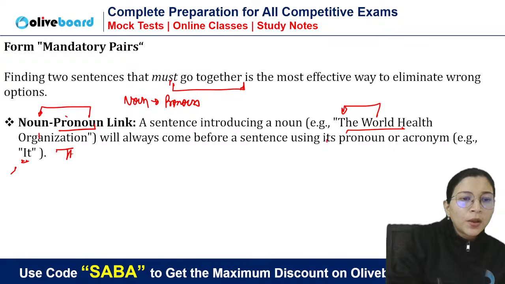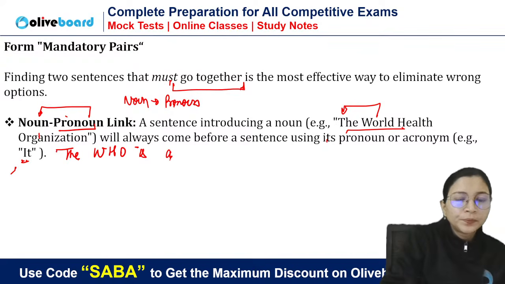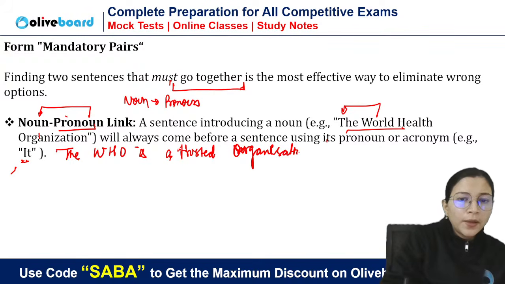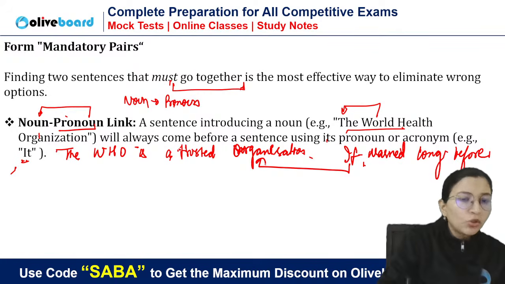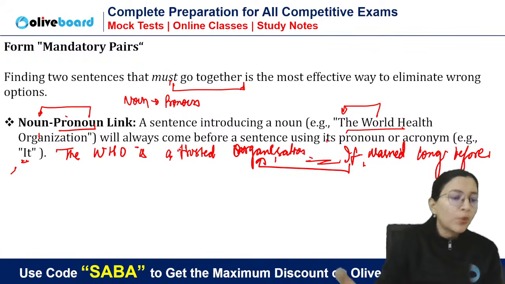Suppose I say the WHO is a trusted organization, and then I say it warned long before about the pandemic. So of course it will come after WHO only. This is how we can form the pair of noun and pronoun. First noun will come and then pronoun will come.